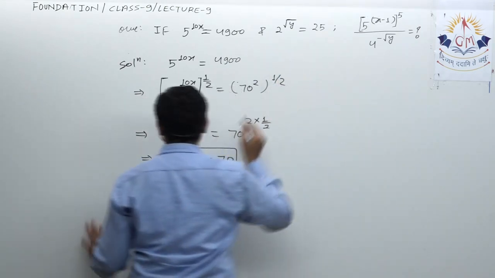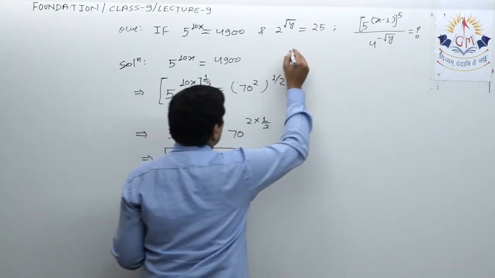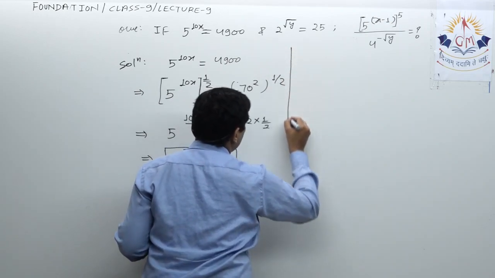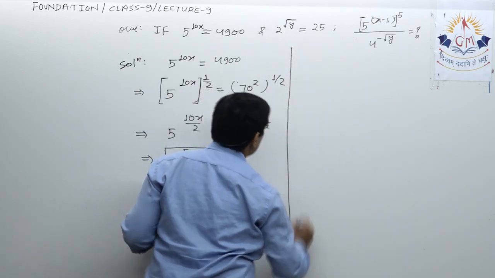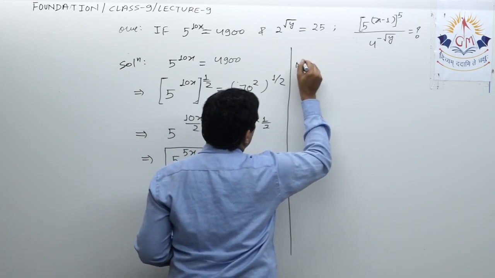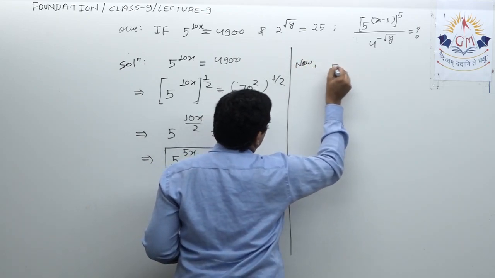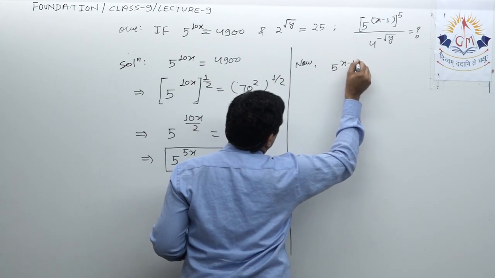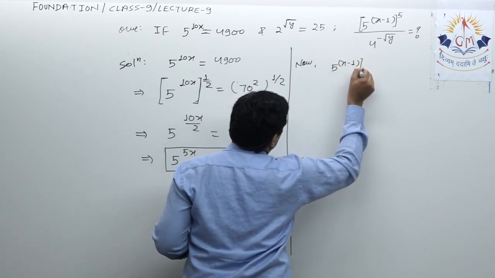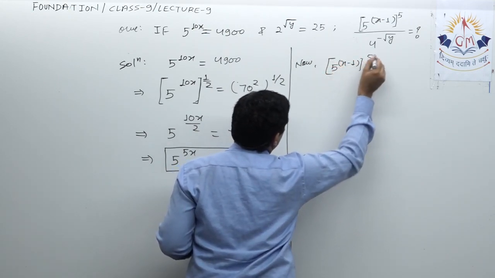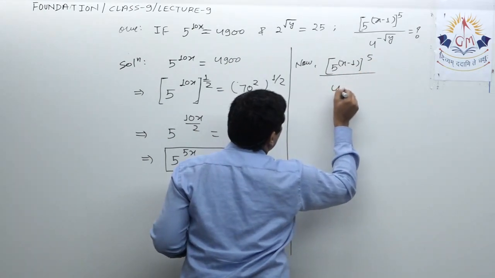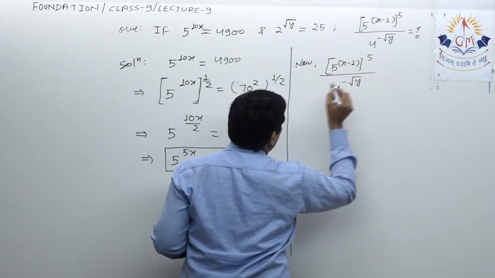Now we come to the required expression. Now 5 raised to x minus 1 raised to 5 divided by 4 raised to minus root y.